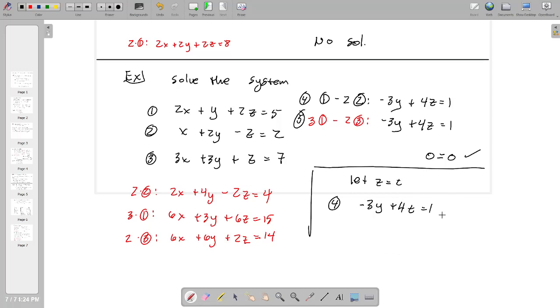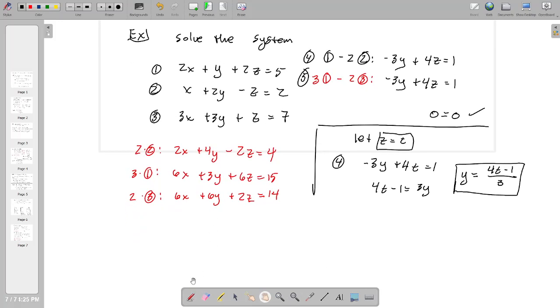Add the 3y over, subtract the 1, so we have 4t minus 1 is equal to 3y, and then we can say that y is equal to 4t minus 1 all divided by 3. We already know what z is because we set z equal to t.